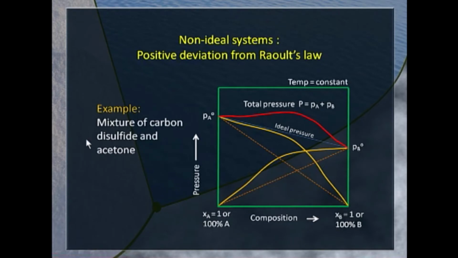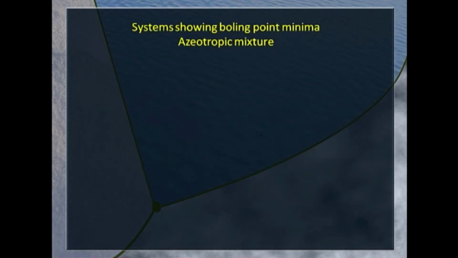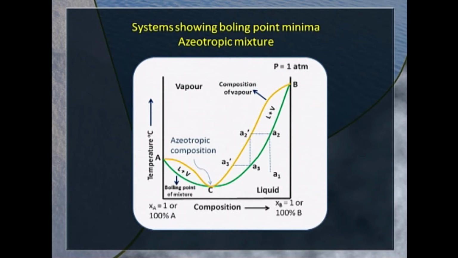An example that we have here is a mixture of carbon disulfide and acetone. There are several examples of this type. But what really matters to us is a phase diagram, which we get if we plot temperature versus composition. You can see the liquid with higher vapor pressure shows a lower boiling point, and a liquid with lower vapor pressure shows a higher boiling point.